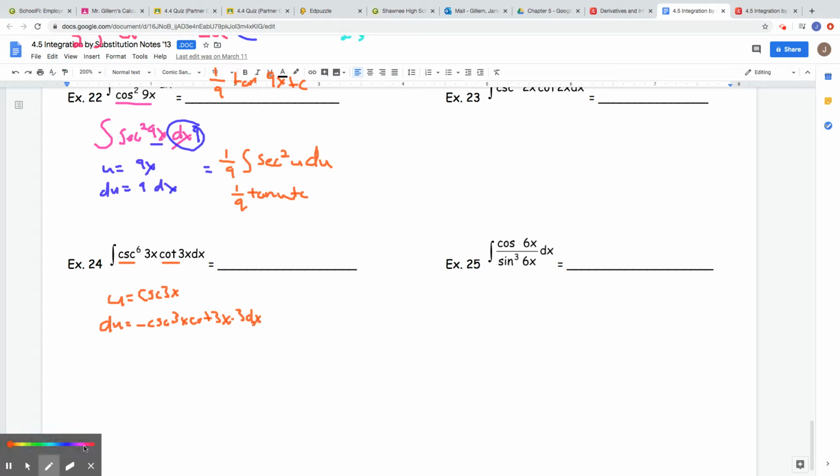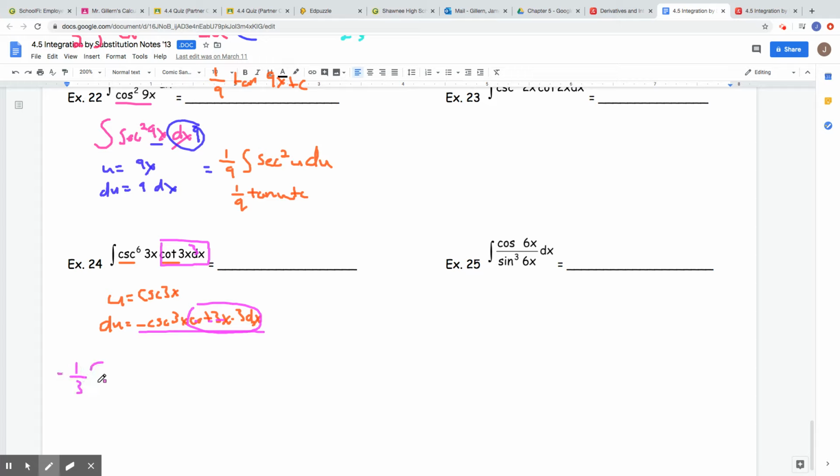Okay. So I need all of this in my integral. Cotangent 3x dx, that's this and this. I need a 3. So all of this is right there. What am I missing? First of all, let me put the 1/3, and I also need to make it negative.